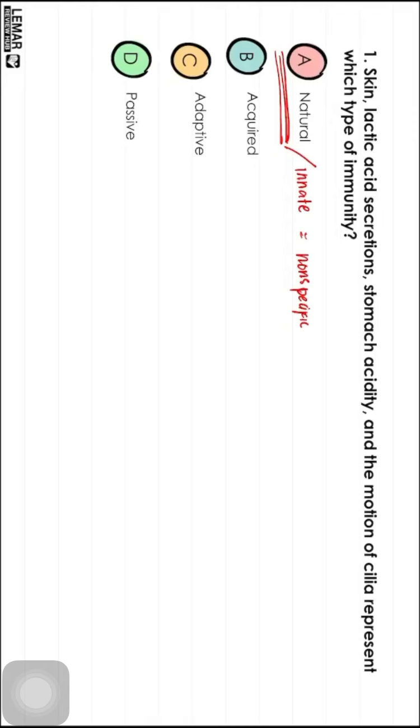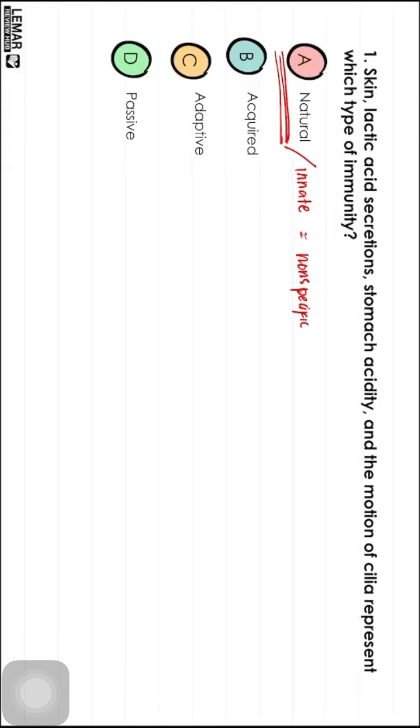Okay? And this type of immunity is involved in the recognition of this foreign antigen, and a specific humoral or antibody or cell-mediated response. Okay, so they are both termed as acquired, or adaptive, or specific immunity.